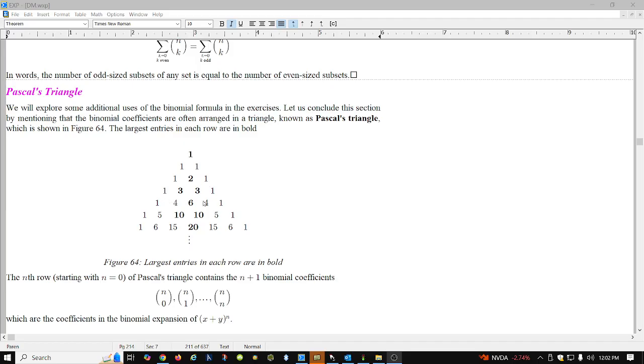Look at this row. Again, 1, 4, 6, and then they drop off. In fact, there's a symmetry here, and that's because of the formula we had. Choosing what you want is equivalent to choosing what you don't want. So the binomial coefficients climb, then they descend.